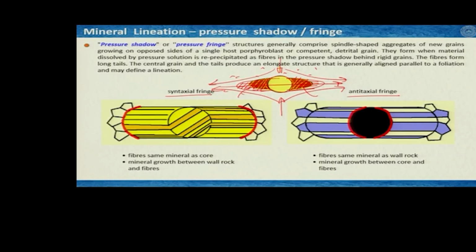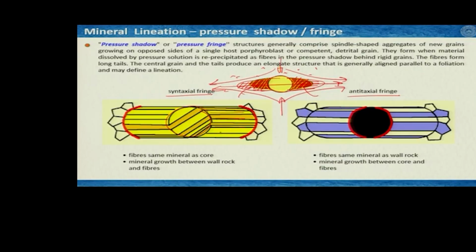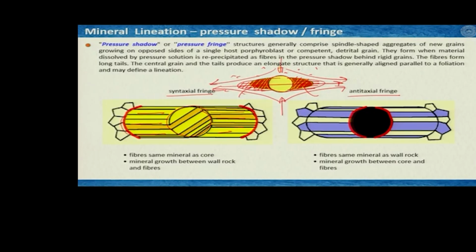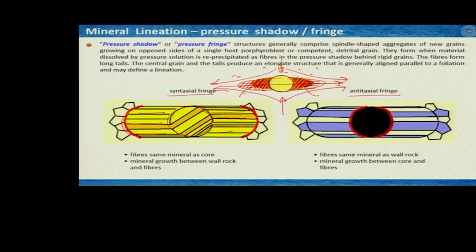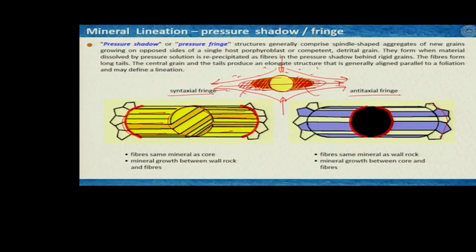In syntaxial fringes, the fibers are generally the same as the core. So, here is the core and the fibers, these are of the same composition, and then they also grow from the side of the wall rock. In antitaxial fringe, the composition of the fibers is different from the core, and they are actually similar to the wall rock, and these minerals in antitaxial fringe grow between the core and fiber.